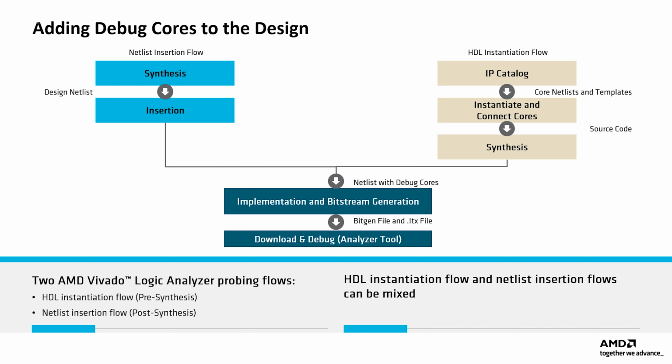The IP catalog from the project manager is used to locate, select, and customize the desired debug cores, such as ILA, VIO, and JTAG to AXI. This requires modifying the HDL code to instantiate the cores in the design, necessitating a rerun of synthesis, implementation, and bitstream generation. This flow allows probing at the HDL design level only.